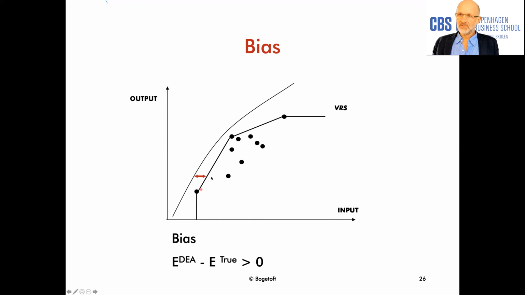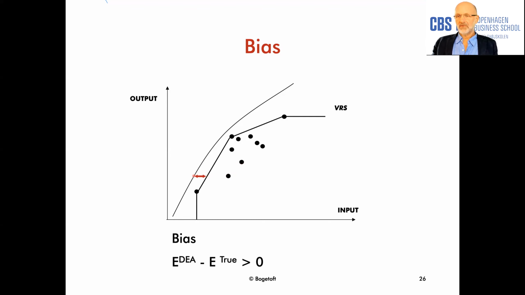And so when we estimate the DEA frontier, we get this one here. Then if I evaluate the performance of this guy, for example, I would say that he could have reduced his inputs. He could have saved costs down to this level here. He would have moved here. That gives me one efficiency score, let's say 0.8. But in reality, of course, he could have moved even further, down here.